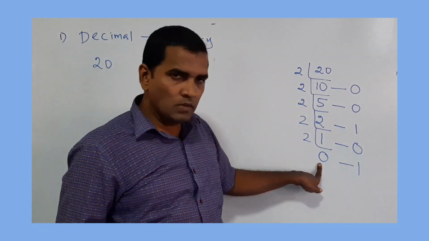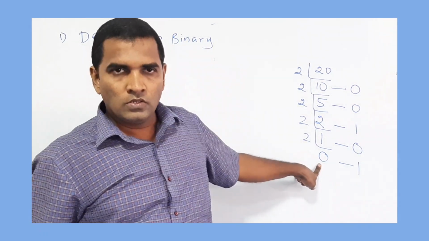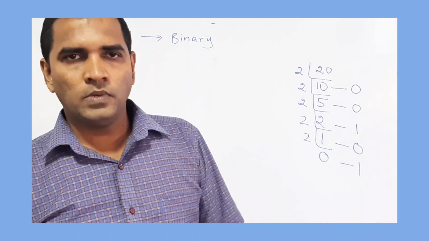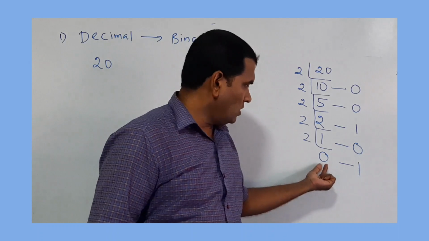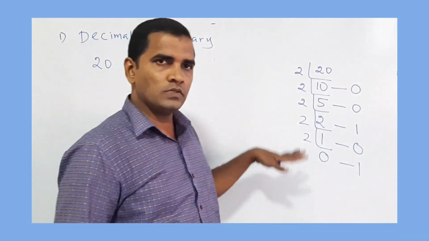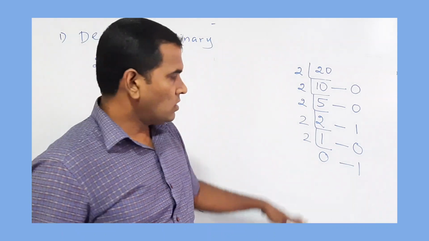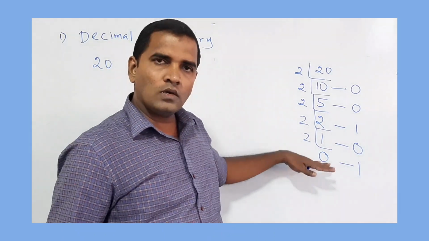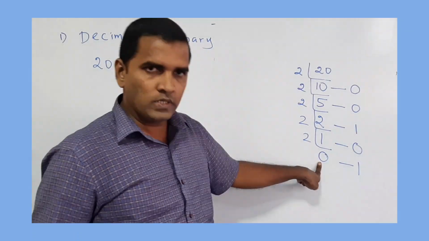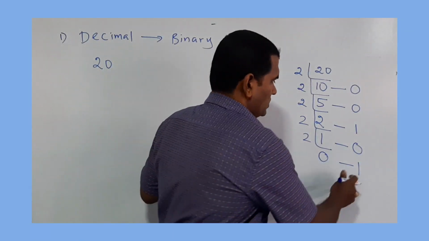Now look at them, it becomes 0. Hereafter you cannot divide that number, because when this number becomes 0, it means it is divided. At this time you have to stop and put the remainders.